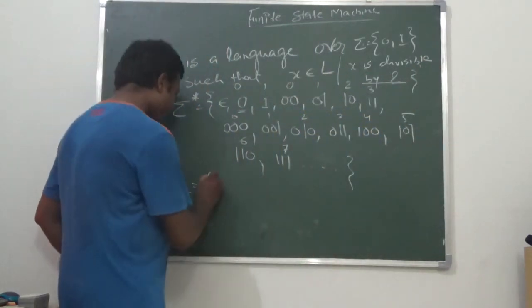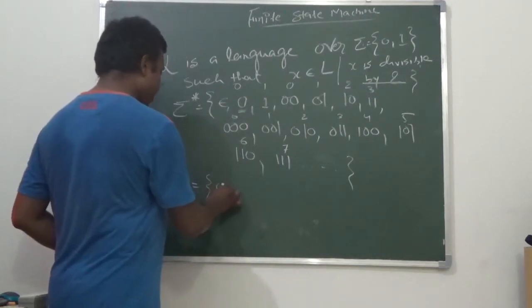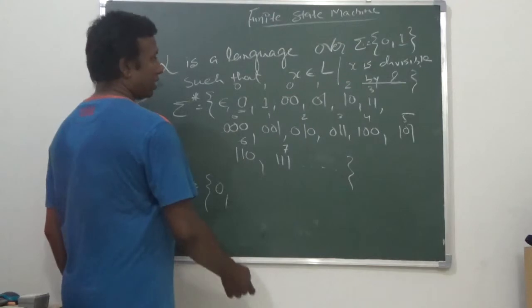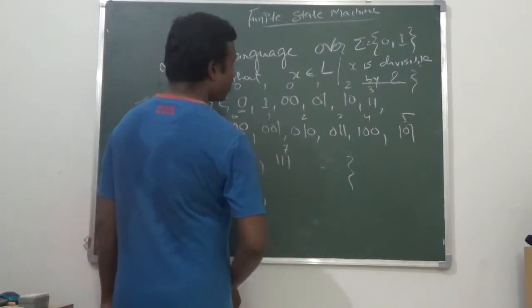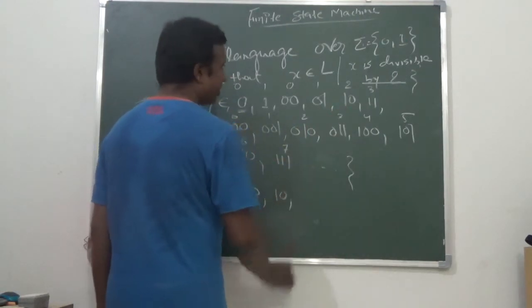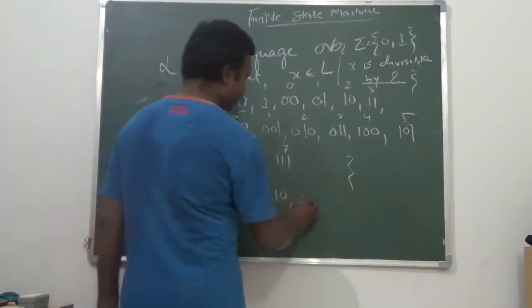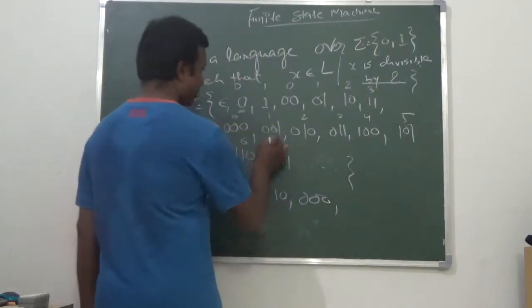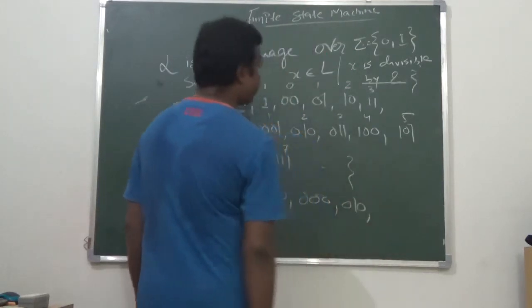So, which of the strings are divisible by 2? Obviously, 0 is divisible by 2. 00 is also divisible by 2. 01 is not divisible by 2. The 2 is itself divisible by 2. 3 is not divisible by 2. 000 is divisible by 2. 001 is not divisible by 2. 010 is divisible by 2.